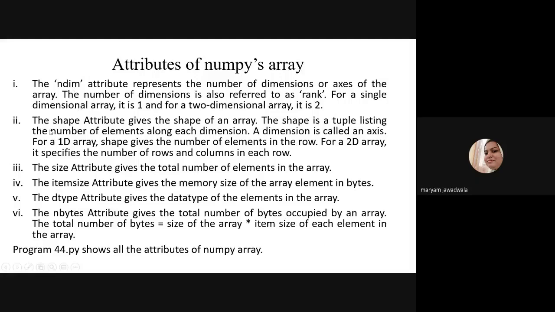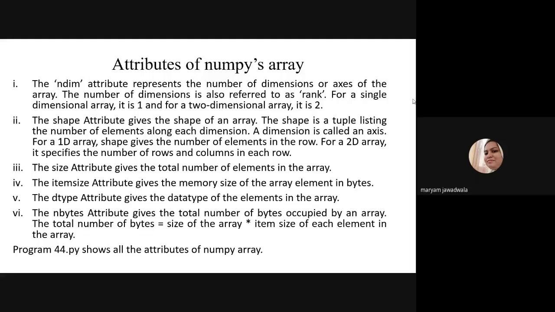Okay. Next attribute is the shape attribute. The shape attribute gives the shape of the array, right? The shape is a tuple listing the number of elements along each dimension, right? And a dimension is nothing but the axis. So this is nothing but the tuple listing the number of elements along each direction. For example, for a 1D array, the shape attribute will give us the number of elements in the row or the number of elements in the column, right?